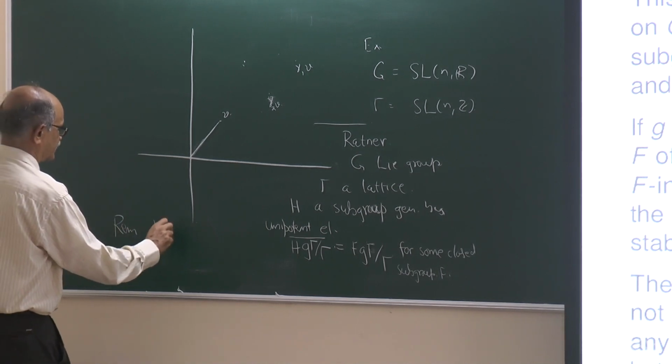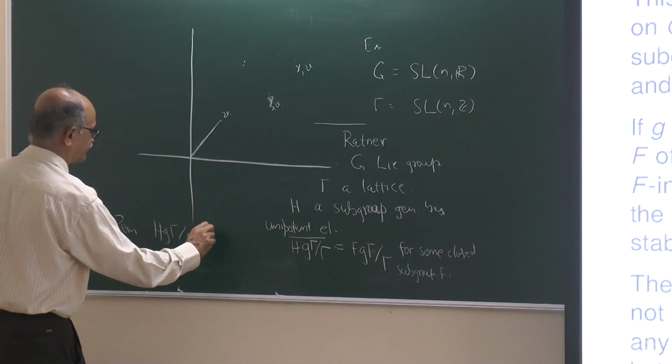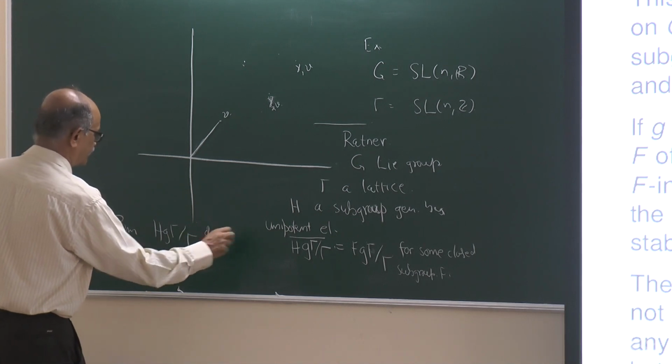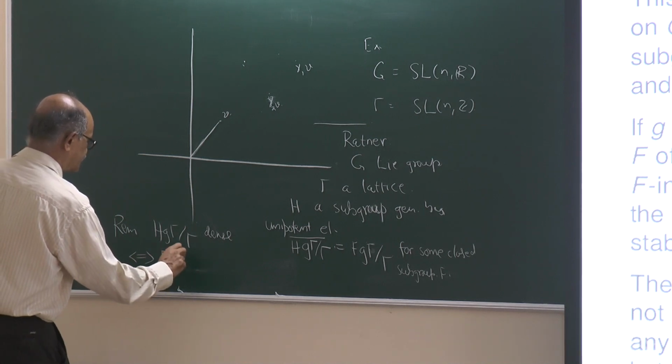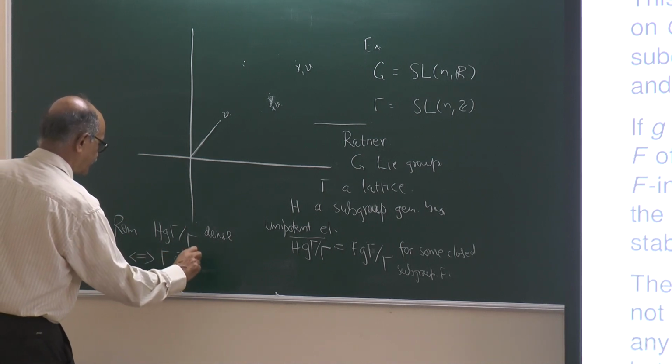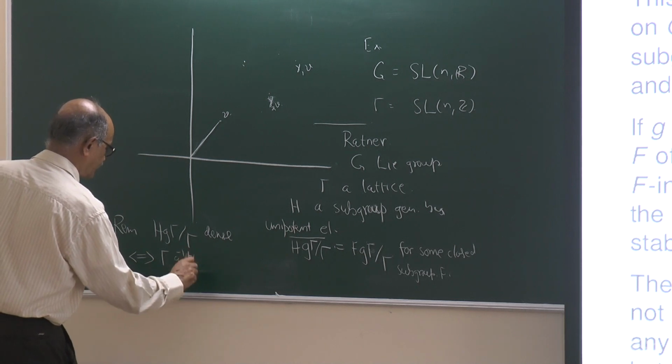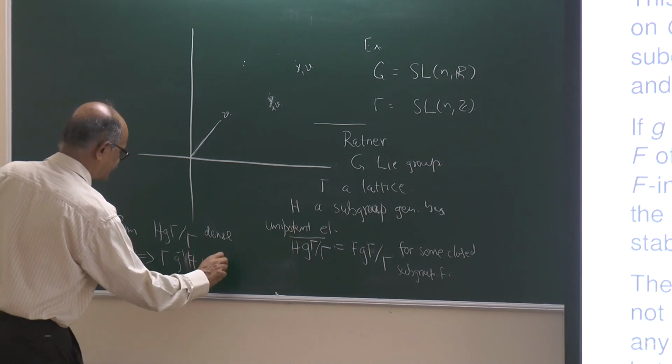H G Gamma mod Gamma is dense if and only if Gamma G inverse H mod H is dense.